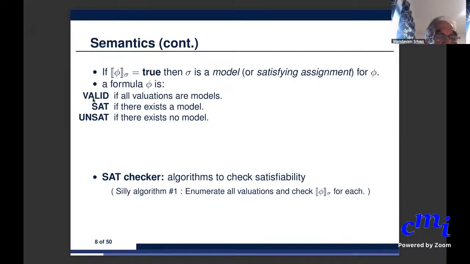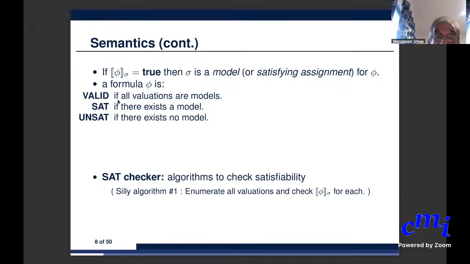Okay, so there are three notions: validity, satisfiability, and unsatisfiability. If a formula is true for all possible valuations, okay, although we allow an infinite set of propositional variables, given that formulas are of finite size, they can only have at most a finite number of variables in them.